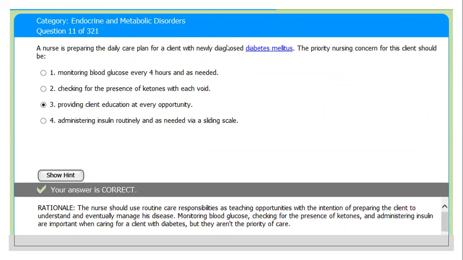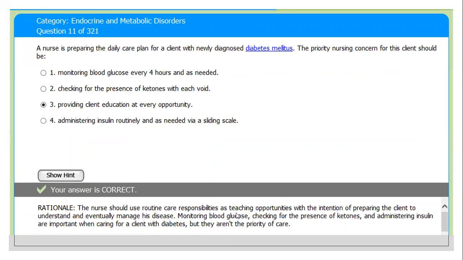The key point in this question is preparing the daily care plan for a client who is newly diagnosed. So education, reinforcement, and teaching are most important. The rationale: the nurse should use routine care responsibilities as teaching opportunities, with the intention of preparing the client to understand and eventually manage his disease.